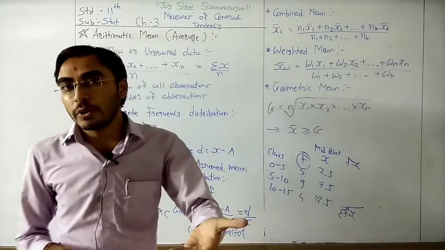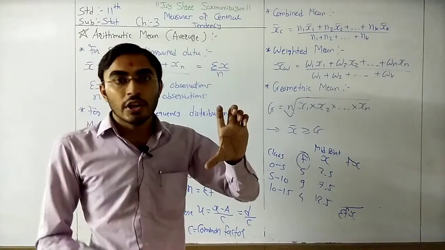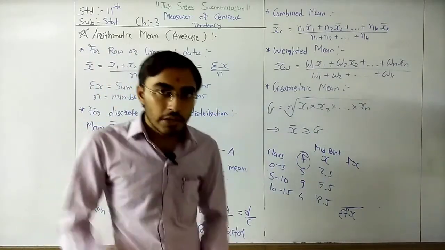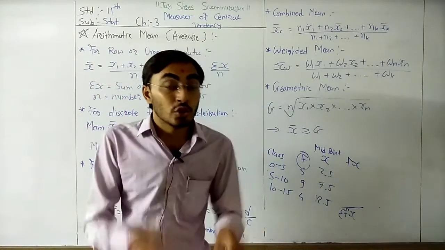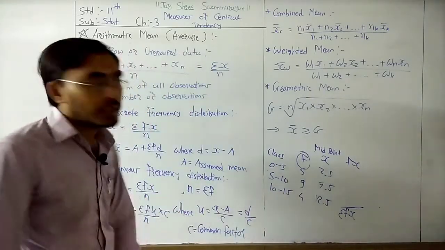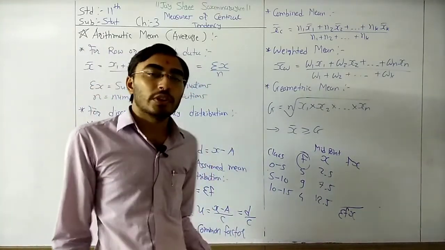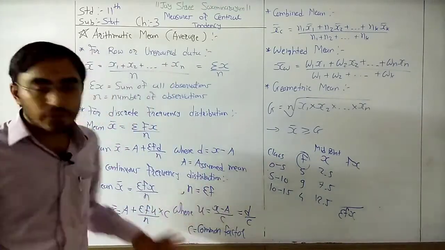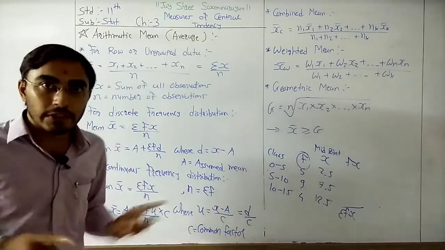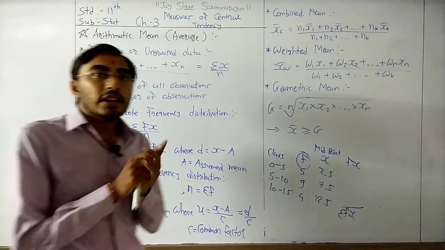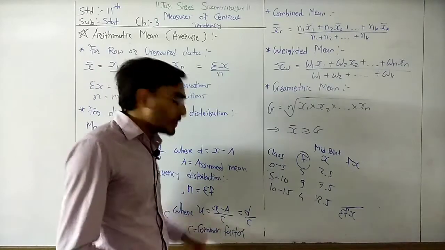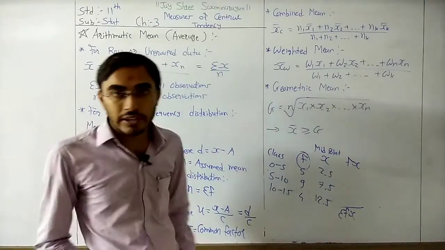Whatever sum is given to you, in one question all class lengths are the same. But if class lengths are not the same, then you cannot take h as the class length. In standard 11 too, if class length is the same in all classes, we just take c equals our class length.